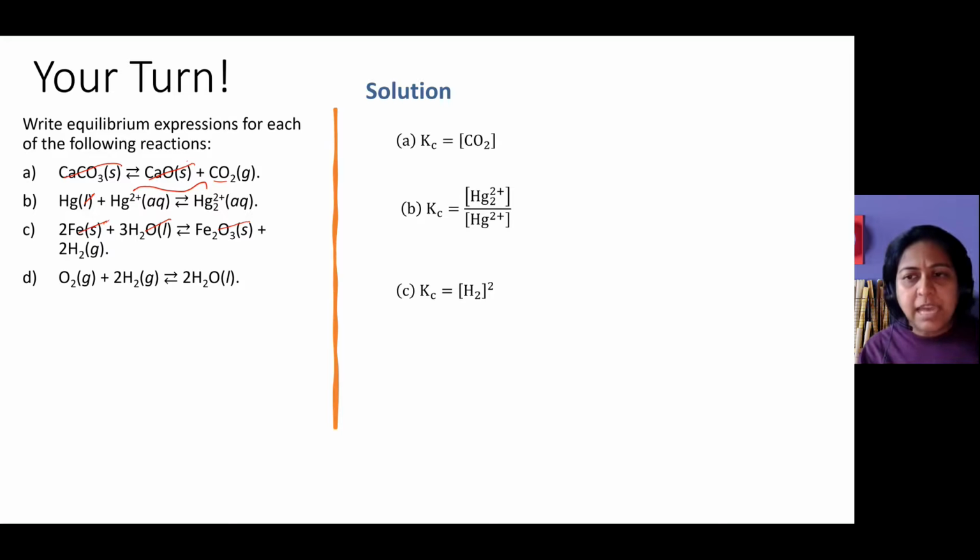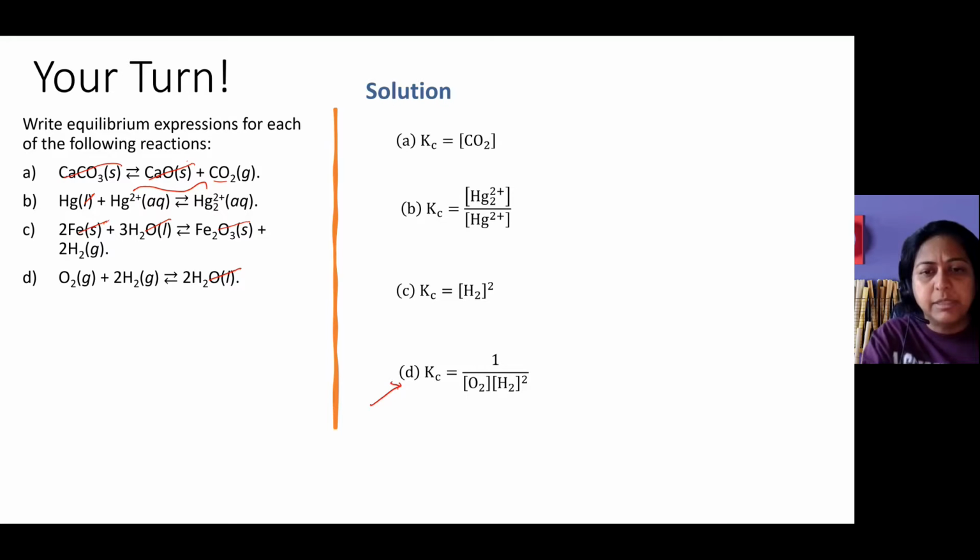Only the H2 gas is included. The last one, this is in liquid phase, so it doesn't have to be included. So there is no product, so it will be only the 1 over the reactant for this equilibrium expression.